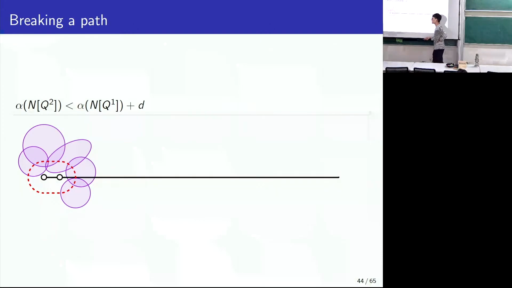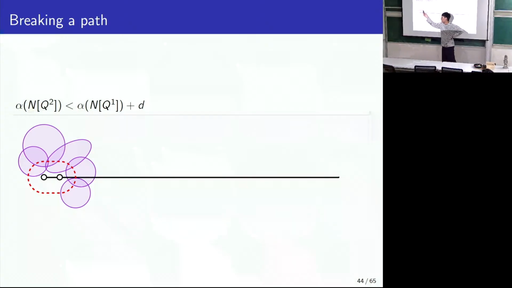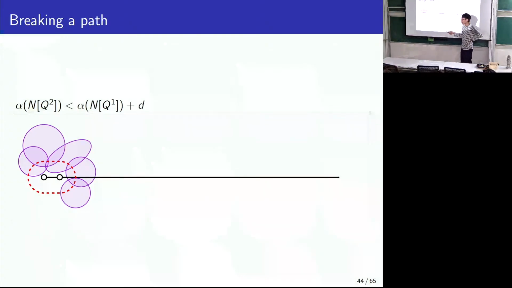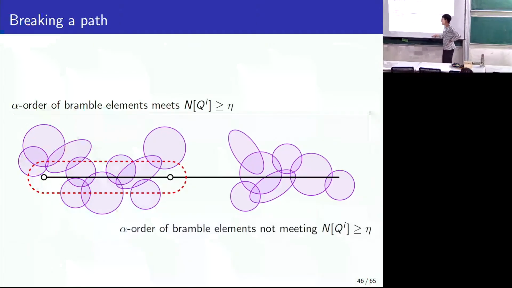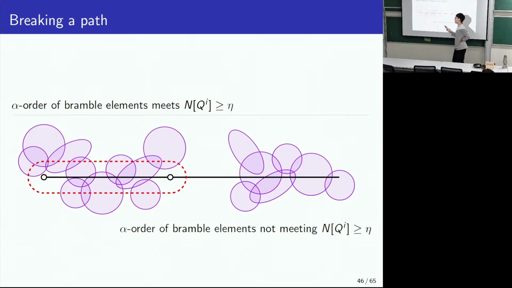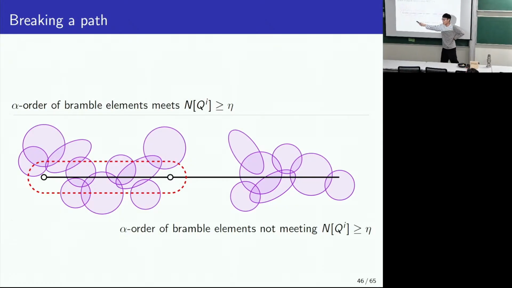If we extend this path by one vertex, it has now a little bit larger independence number, but the independence number of this neighbor cannot be increased a lot, because we are in K1D-free graphs. So we repeat, and at some step, there should be some time that our path, its neighbor has lots of bramble elements, and there are still lots of bramble elements that this neighbor does not meet.